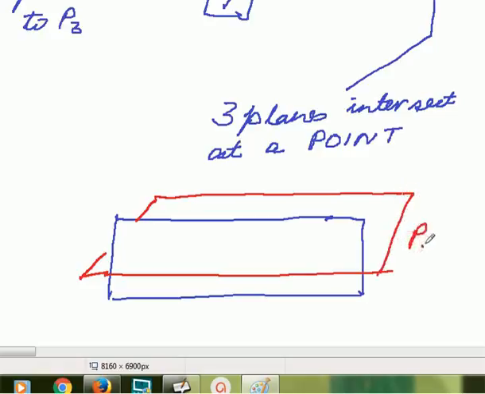P1, P2 intersect in this line AB. Now the third plane is here.